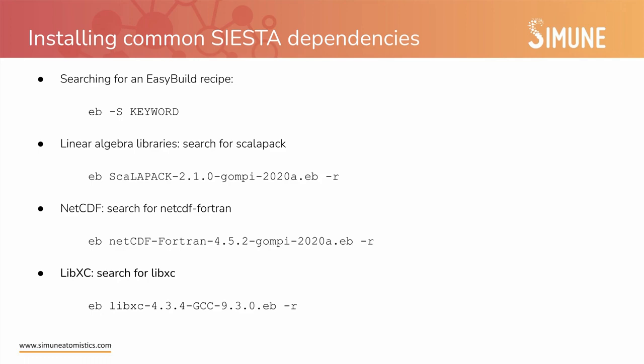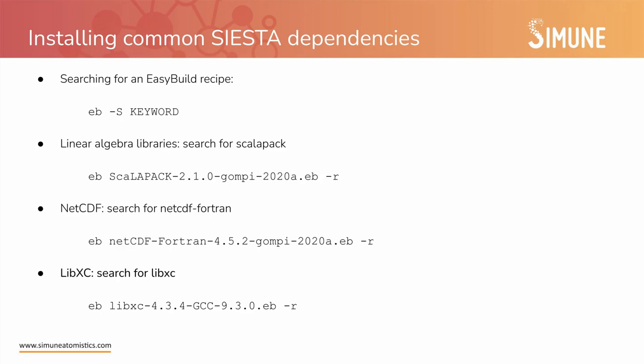For linear algebra, you will need ScaLAPACK, since we are using OpenMPI, and EasyBuild will tell you that there is a ScaLAPACK 2.1.0 gompi-2020a recipe available. The same for NetCDF. SIESTA is in Fortran, so we need a NetCDF Fortran implementation. If you build it with EasyBuild, it will take care of building everything: HDF5, the C version of NetCDF, and then the Fortran version of NetCDF.